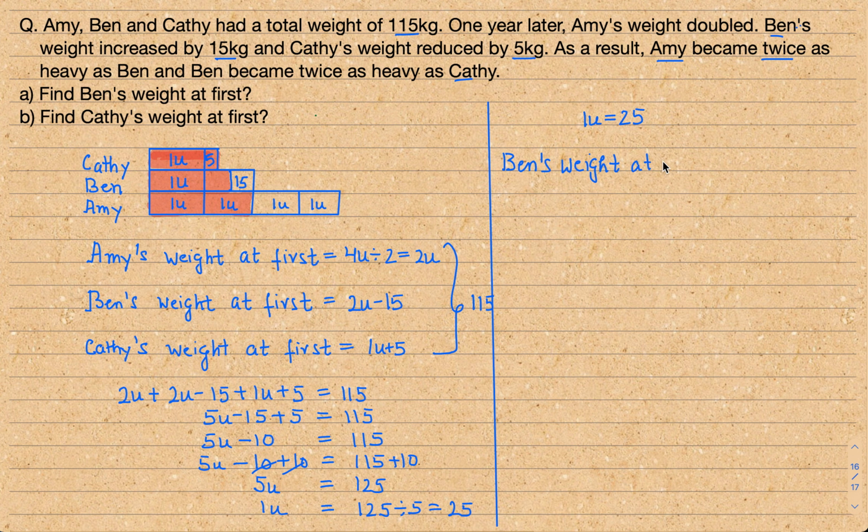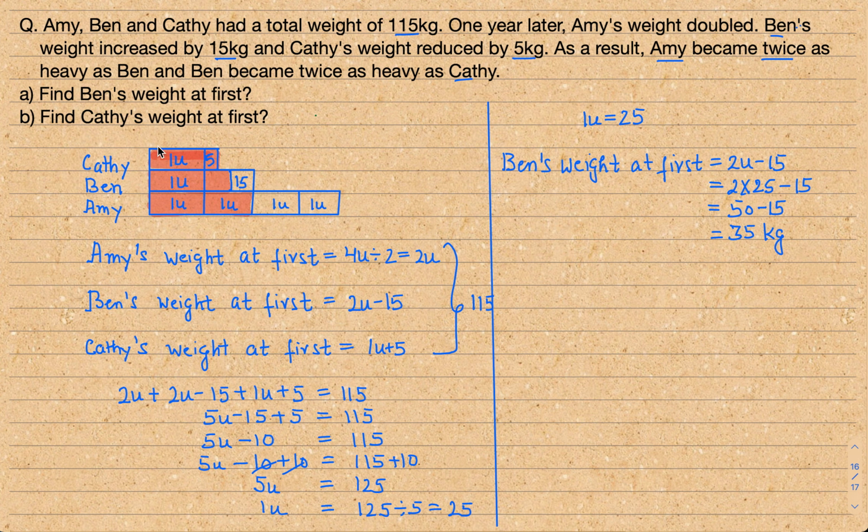We know that 1 unit is 25, so 2 units will be 2 times 25 minus 15. That will give me 50 minus 15, that is equal to 35. So Ben's weight at first was 35 kg.